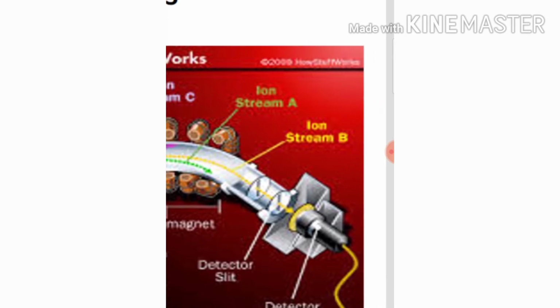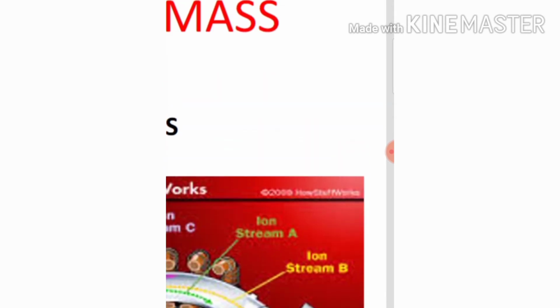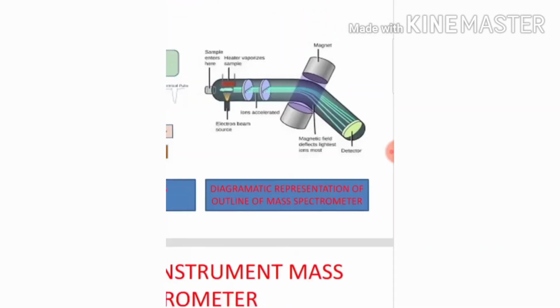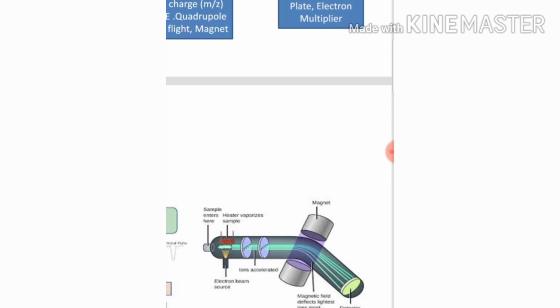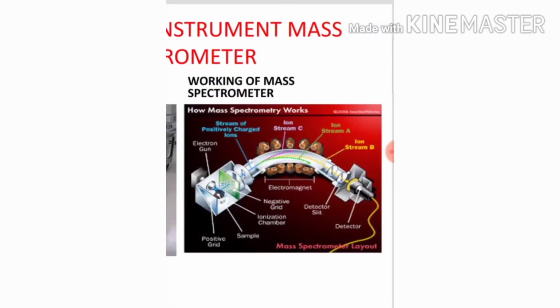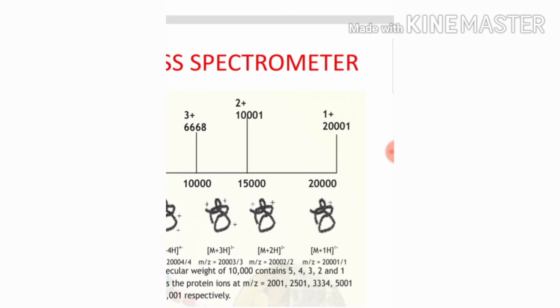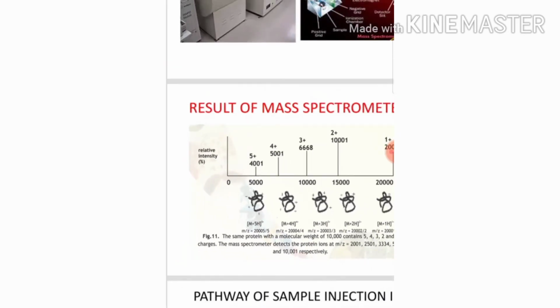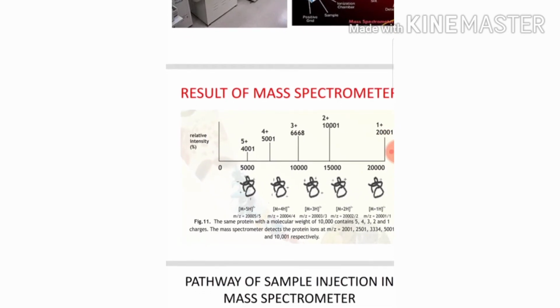This mass spectra is detected by the detection unit. I have already discussed the different detection units: photomultiplier, microchannel plate, and electron multiplier. So these are the different detection units, and the mass spectra is given in your book.